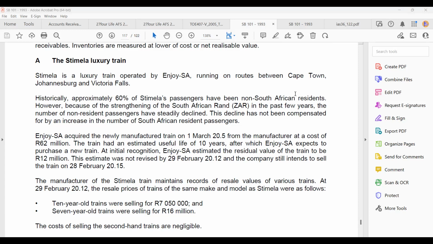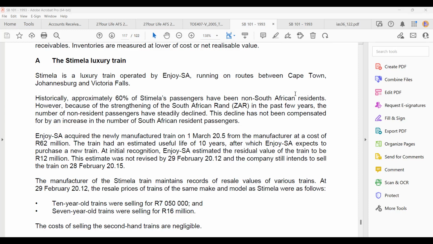So if I decide that they buy and sell trains, then that can be a situation. But there were no transfers in this particular question. Similarly, another transfer would be from PPE to non-current assets held for sale. But once again, there was no planned sale of the luxury train, so non-current assets held for sale was not applicable.